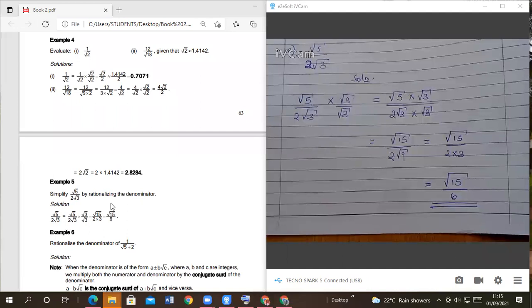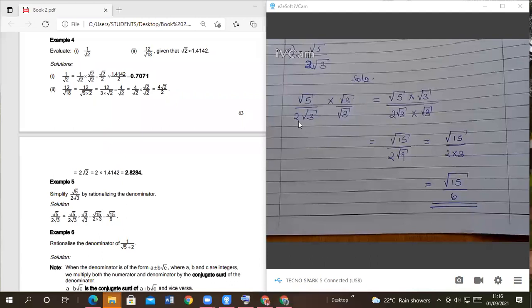Yes, you still get the same answer, but the reason I keep it is that some people make mistakes, because remember our interest is only to remove the square root.